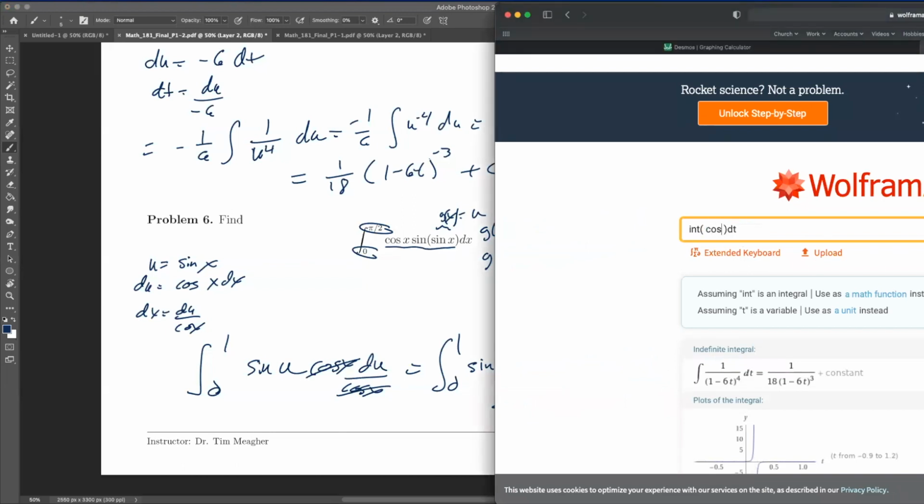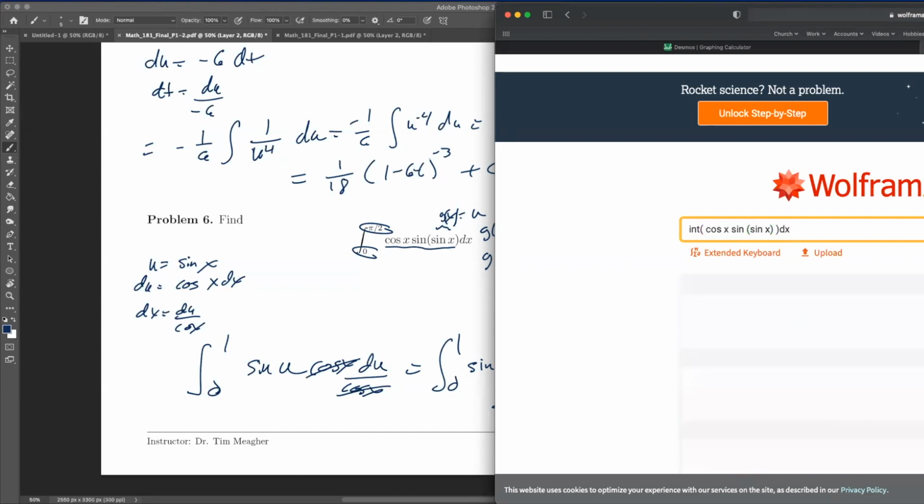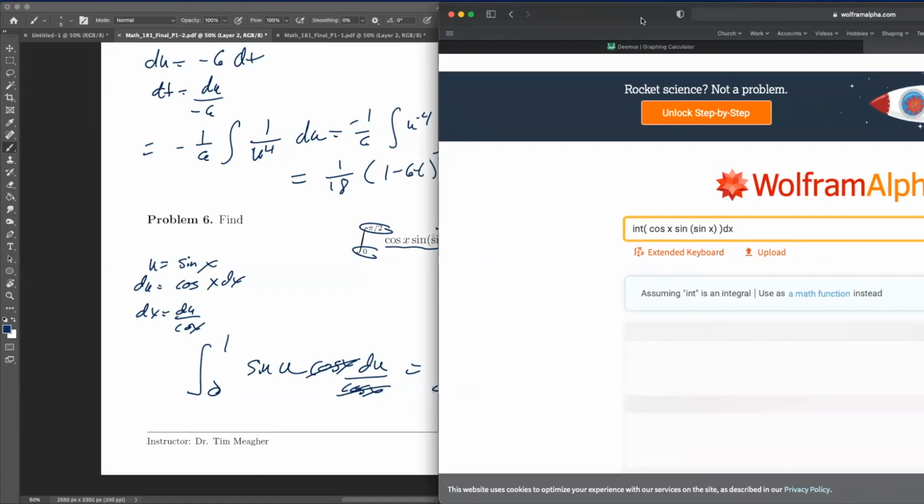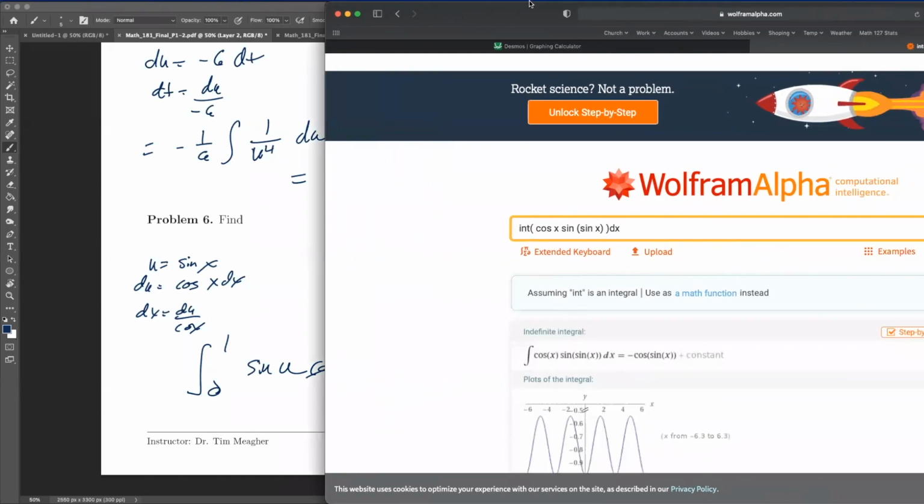So it'll be cosine x sine of x. It's struggling. Come on, Wolfram, you can do it.